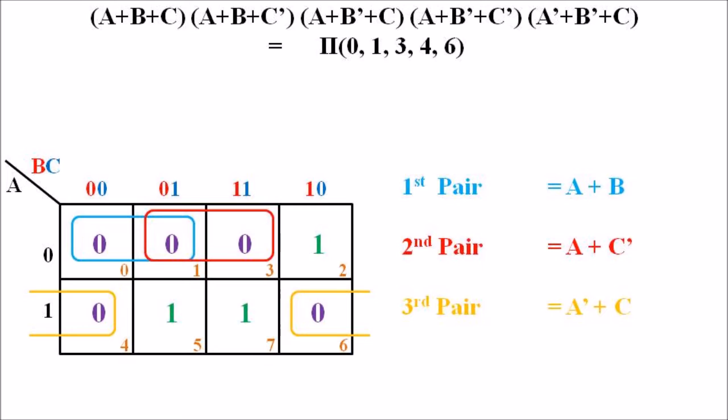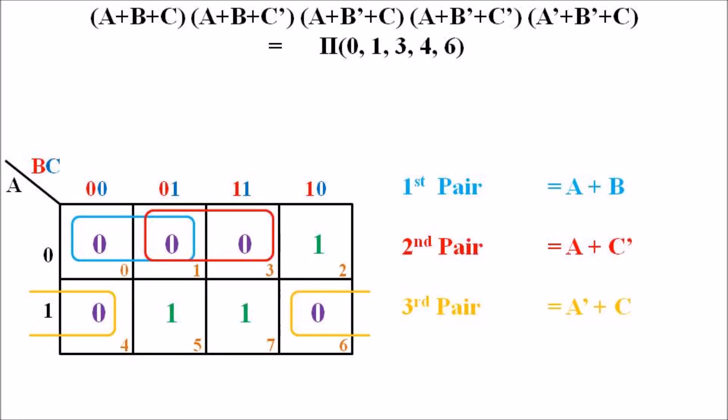We can see that the value of B is 0 in both these cells and the value of C is changing from 0 to 1 in these cells. So the reduced pair will be A equal to 0 and B equal to 0. That is, the reduction of the first pair is equivalent to A plus B.